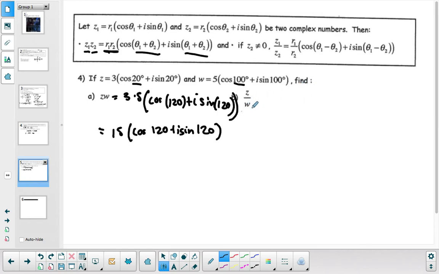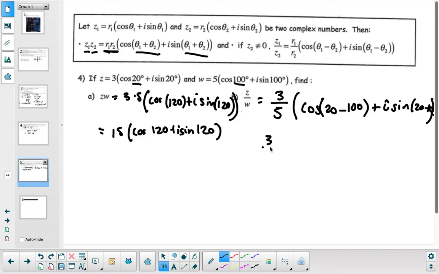So for z divided by w, we're going to take z, and we're going to divide the radii, so 3 divided by 5, and then cosine angle 20 minus the other angle, and plus i sine angle minus other. So normally this would be 3/5 cosine of negative 80 plus i sine negative 80.